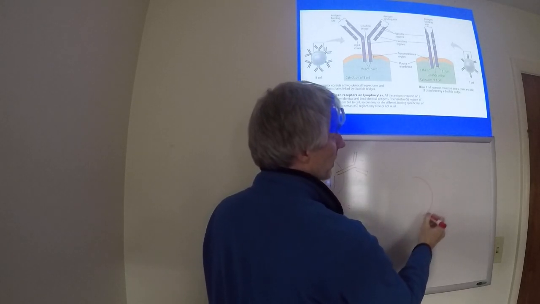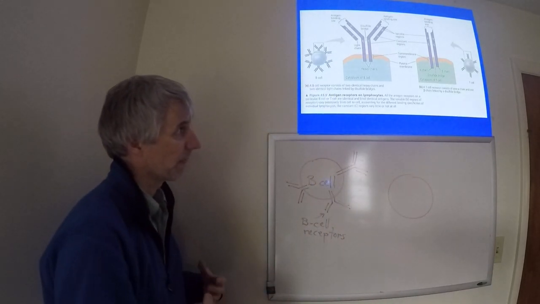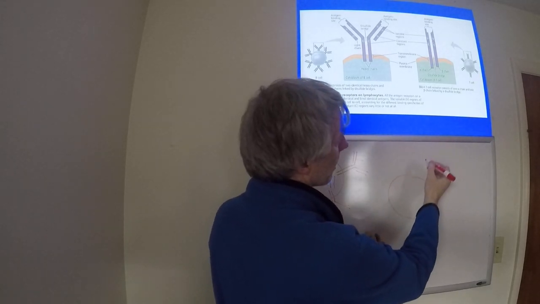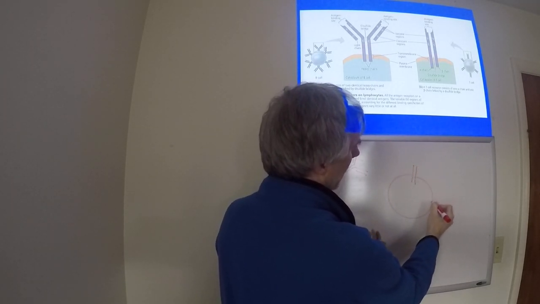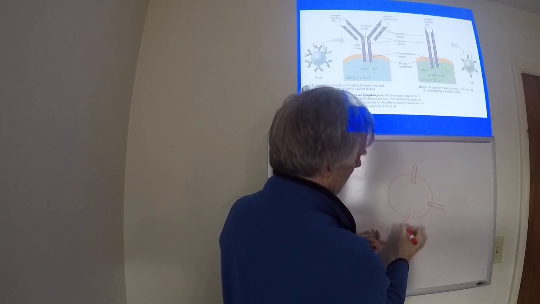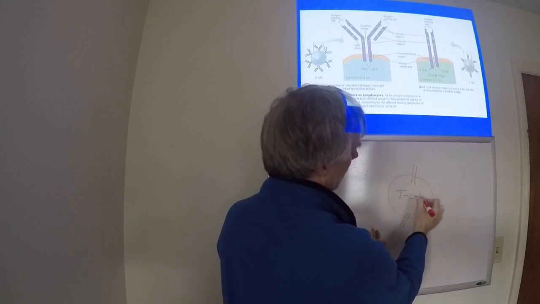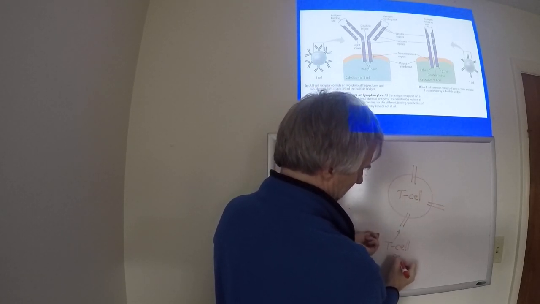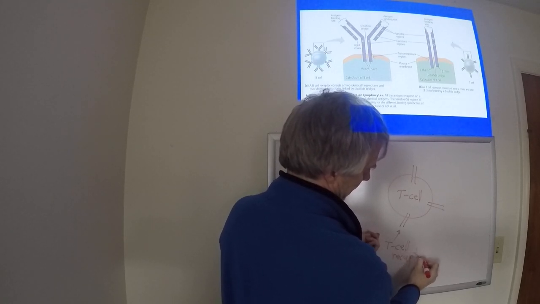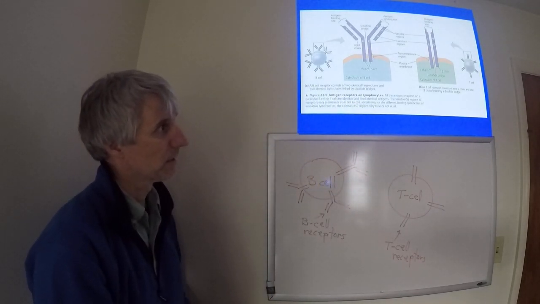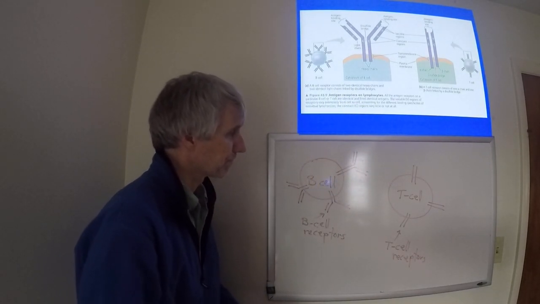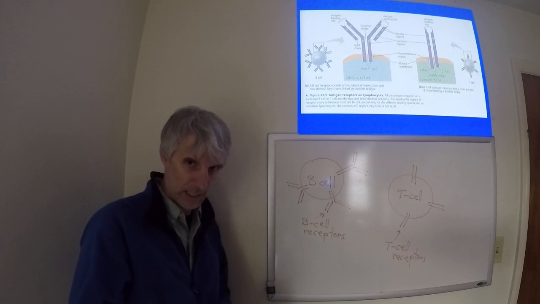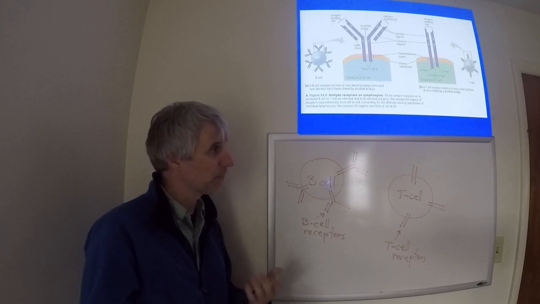There are also receptor types that are specific to T cells. Different shaped receptor. So this is a T cell. There is a T cell receptor. Okay? Now, these receptors are capable of binding things, specifically proteins.